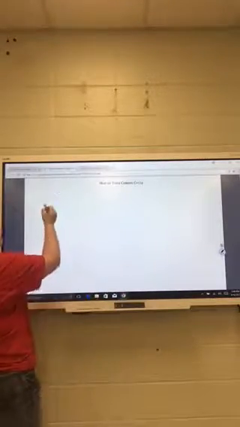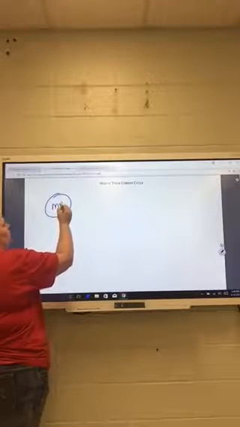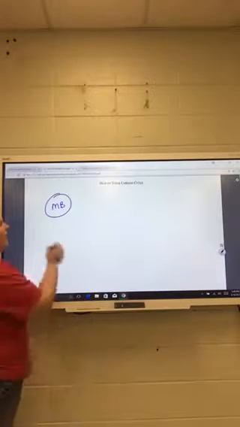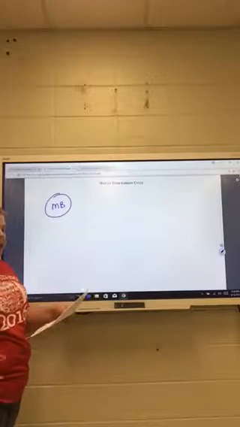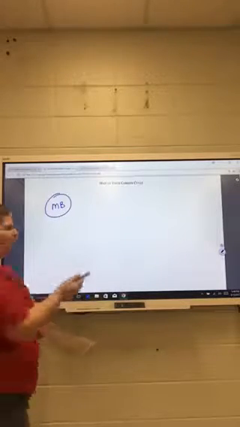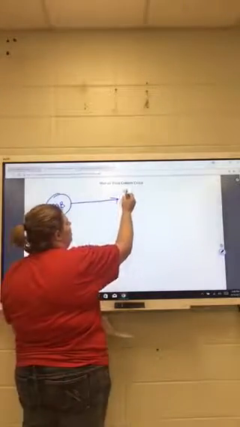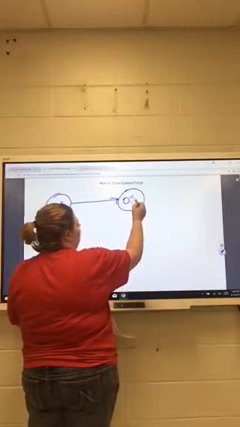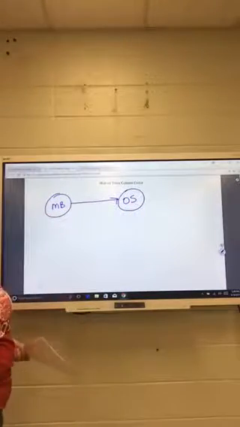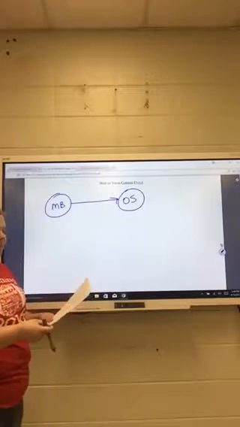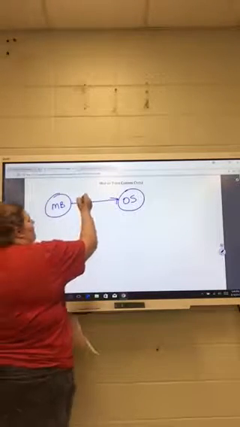So if I start at marine biosphere, I'm going to draw a circle and put my reservoir, marine biosphere. How did I get to the open ocean? I'm going to draw an arrow. I'm going to draw another symbol that says open ocean. And then how did I get there? I'm going to label that arrow. I'm going to label my flux mechanisms.